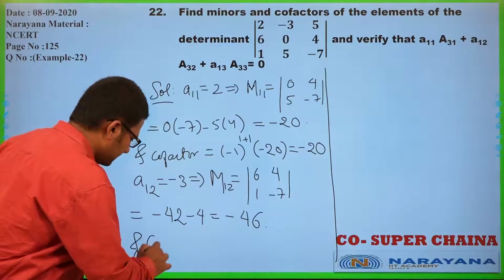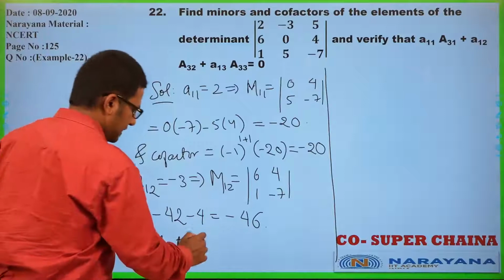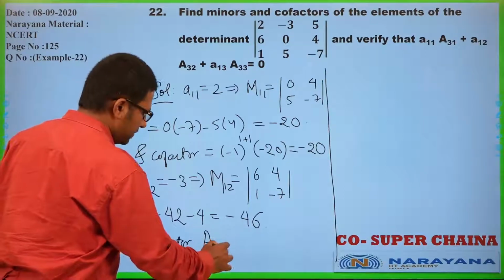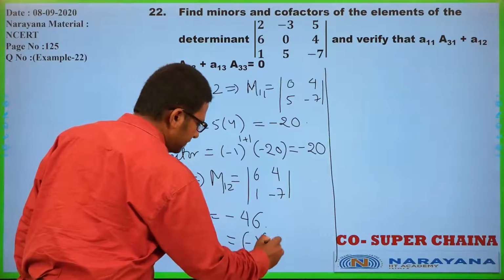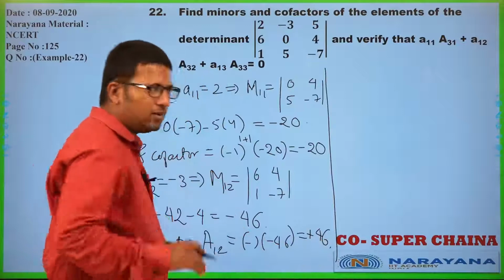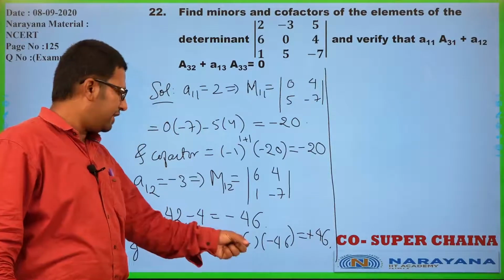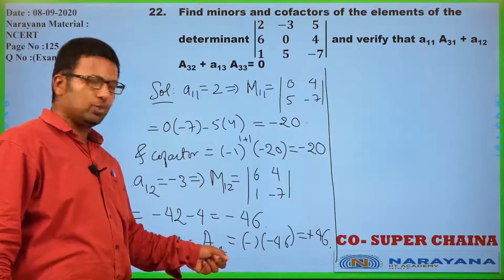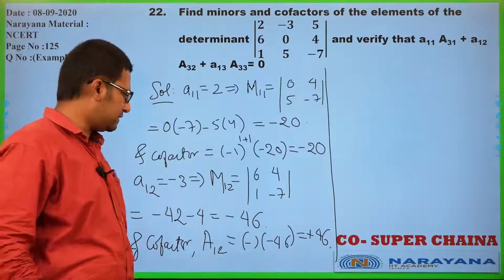And cofactor, capital A12 would be minus of minus 46 equal to plus 46. You see, now I am skipping a few steps because you are so familiar with the formula already. Why did I take minus? Because 1 plus 2 is an odd number, right? So minus of minus 46.